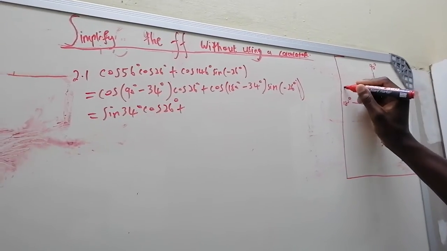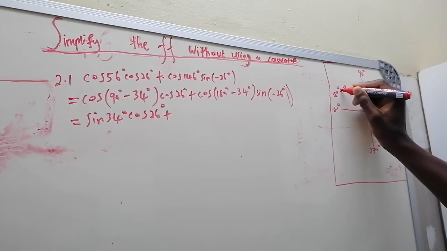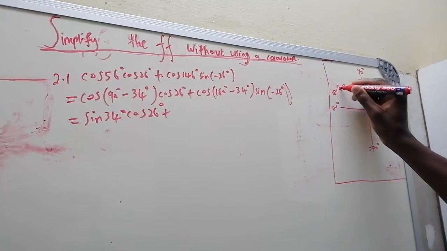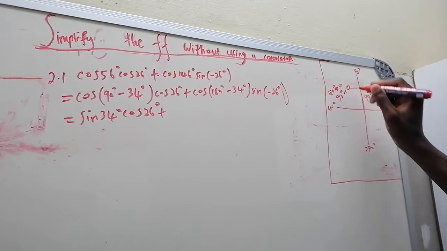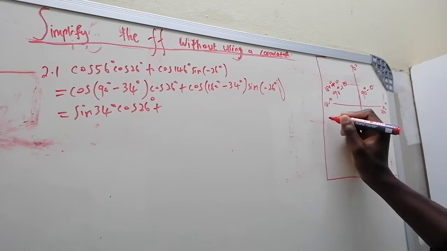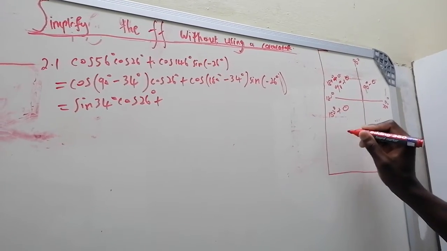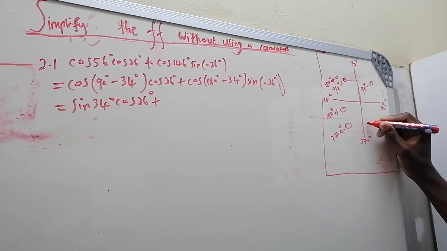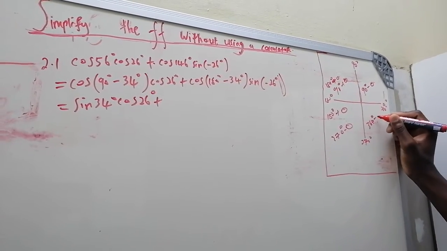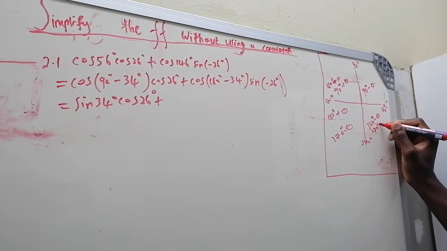Here we have 180 degrees plus theta, 180 degrees minus theta, and 90 degrees plus theta. Here we have 180 degrees plus theta and 270 degrees minus theta. And here we have 360 degrees minus theta and 270 degrees plus theta.